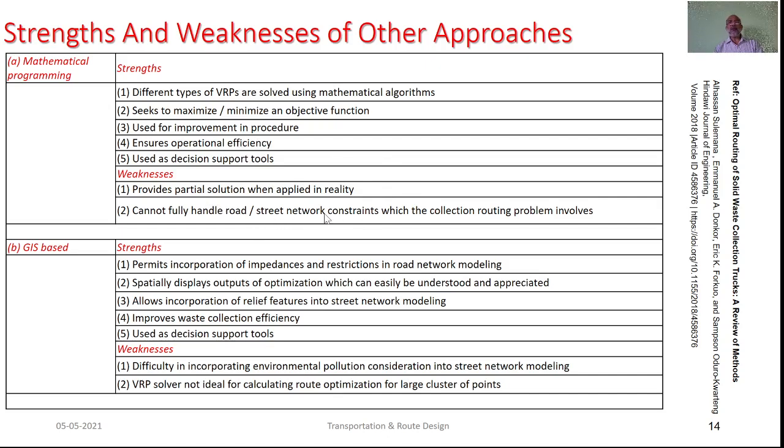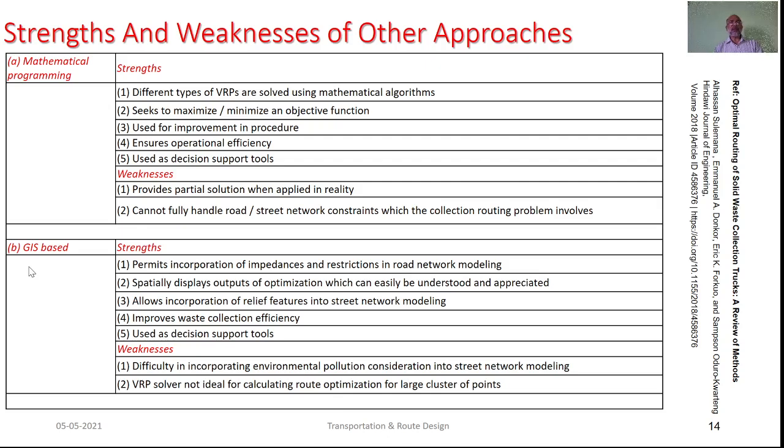We can take into account certain route layouts, its width, congestion factors, halt time constants. But in reality, there could be different street network constraints, and we may not be able to handle the routing fully based on this mathematical programming.